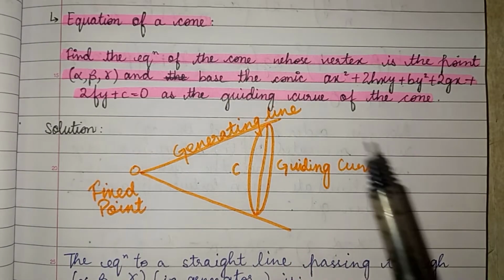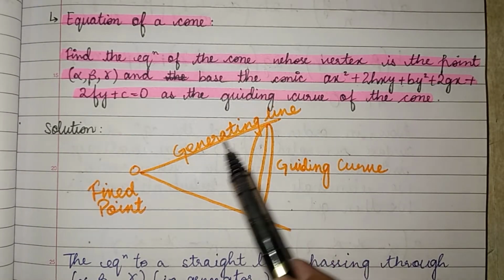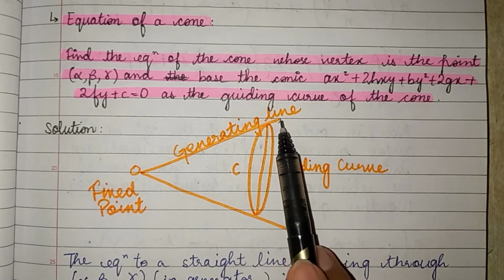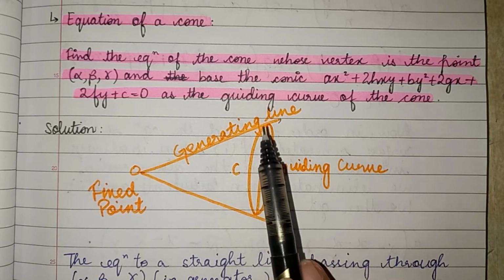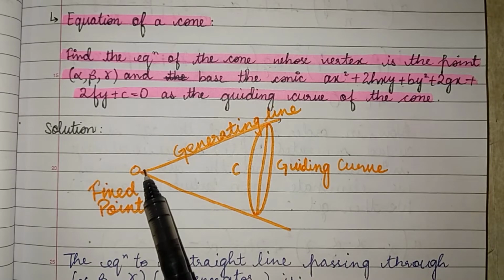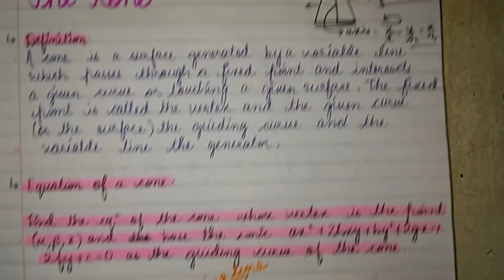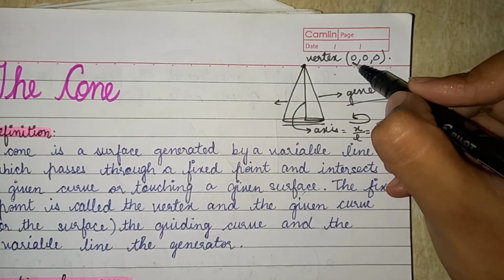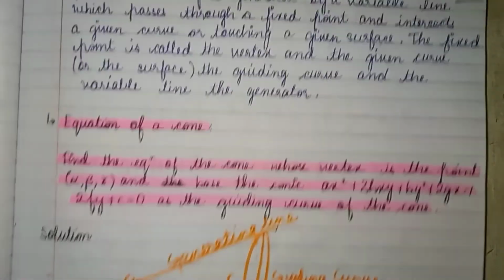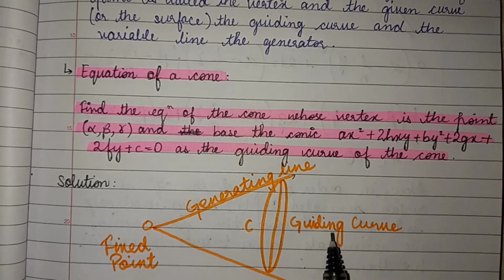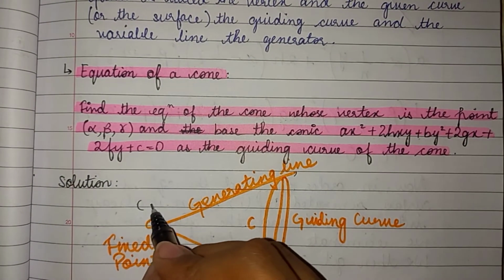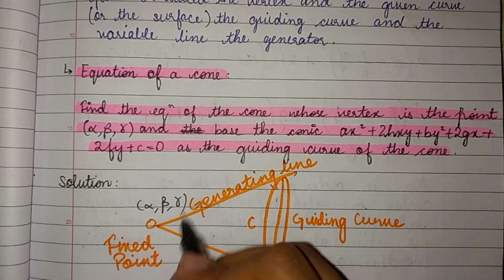Okay, this is the guiding curve. Since I've already told you that this is a generator which is generating line and this is the fixed point. Here I have told you that the vertex is 0, 0, 0, but here we have already given the vertex as the point alpha, beta and gamma.